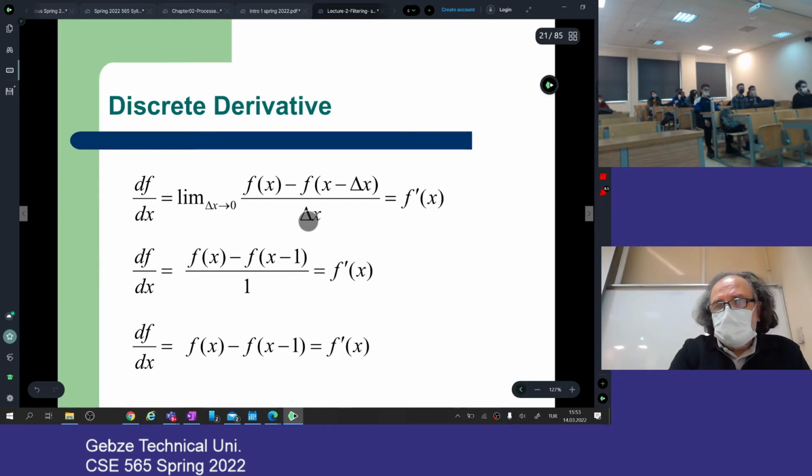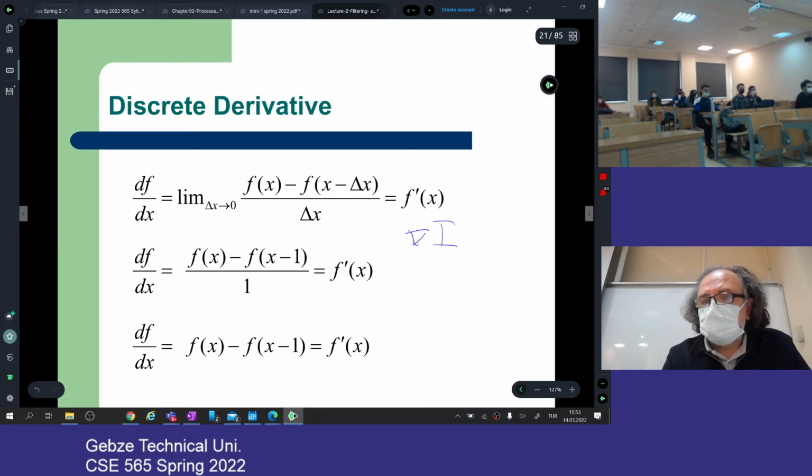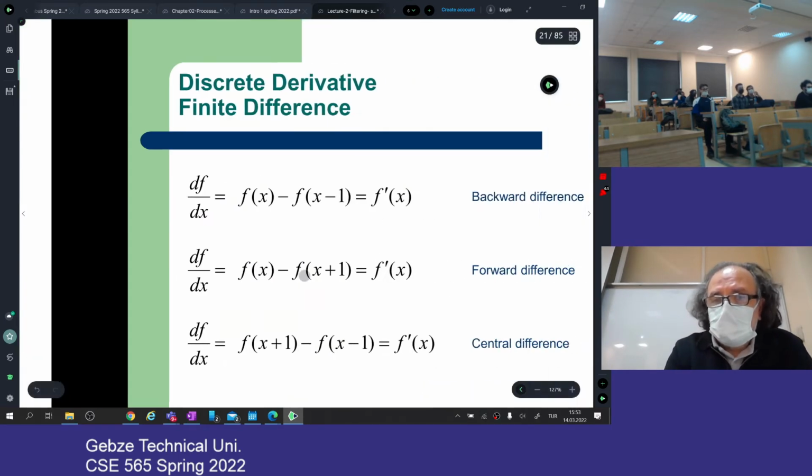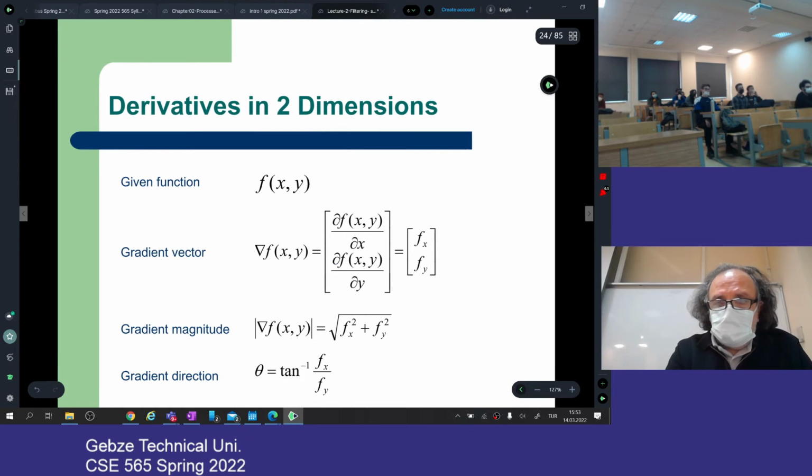This is delta, okay, this is gradient. Gradient of an image is shown like that, and gradient of an image are two images. One output is the gradient with respect to x, the other one is gradient with respect to y, and it is shown this way.